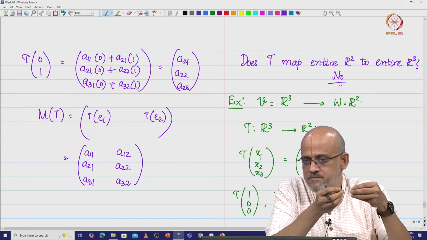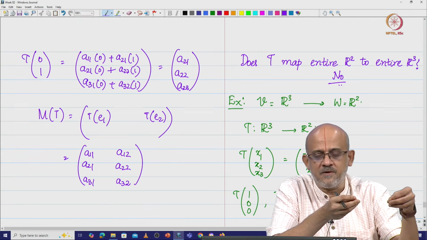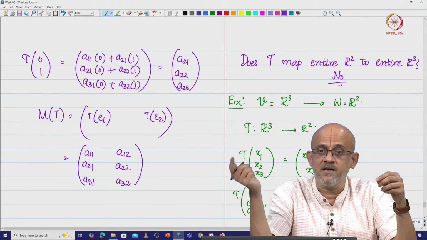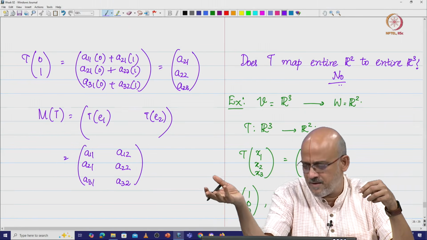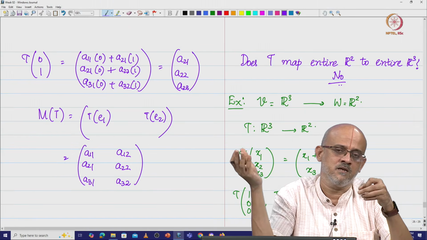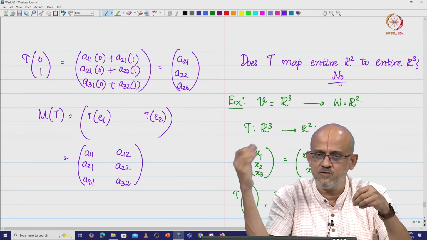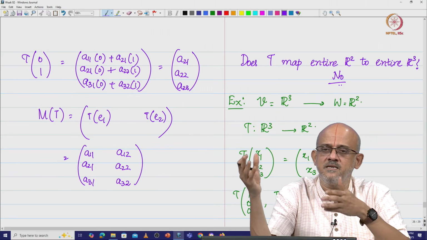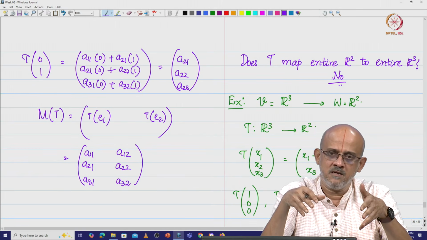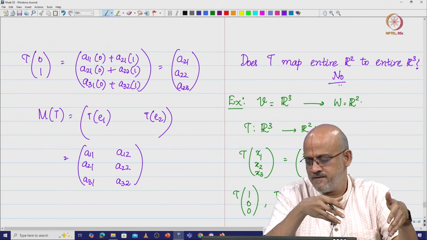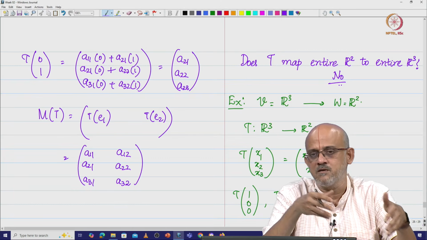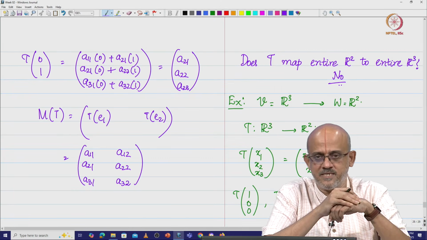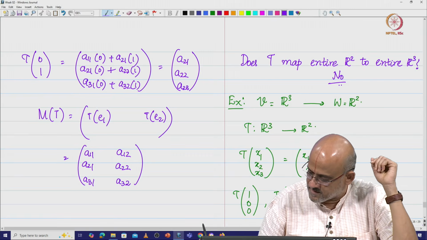So, it is not possible for us to map from R2 to the entire R3, whereas the other way is possible, because that is what happens even in projection, you can go from a higher dimensional space to a lower dimensional space. So, R3 gets mapped to a plane, or to a line, projection onto a line, projection onto a plane, or it is going to get mapped to the 0 vector itself, right.